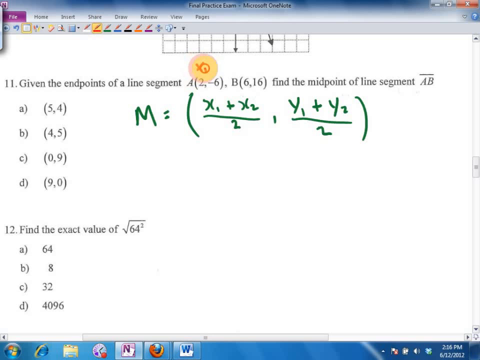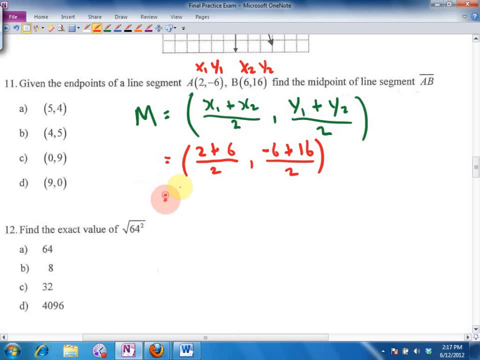So we just do x1, y1, x2, y2, and I plug the numbers in. So let's plug those numbers in. x1 is 2 plus x2 is 6, over 2. And then y1 is negative 6 plus y2 is 16, over 2.